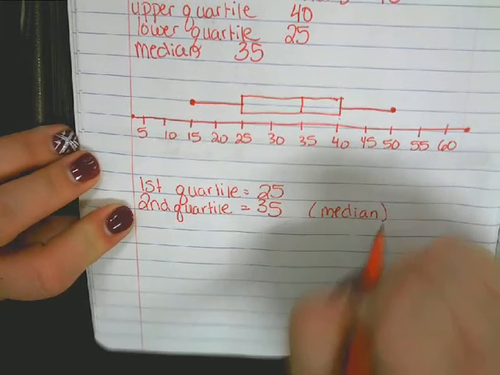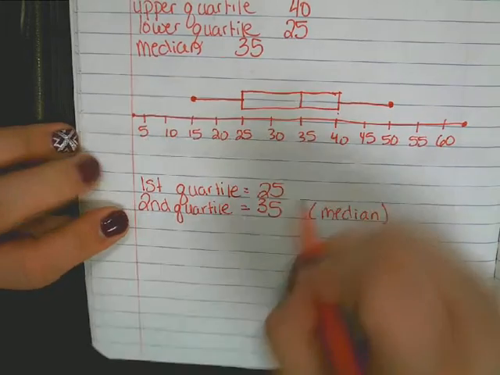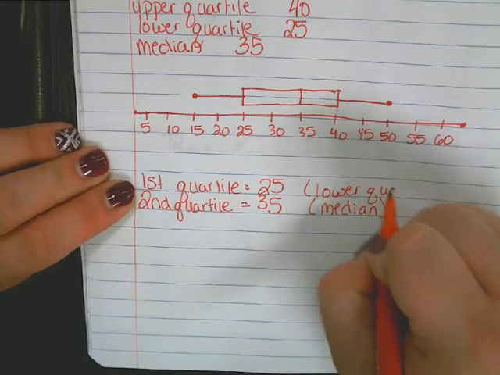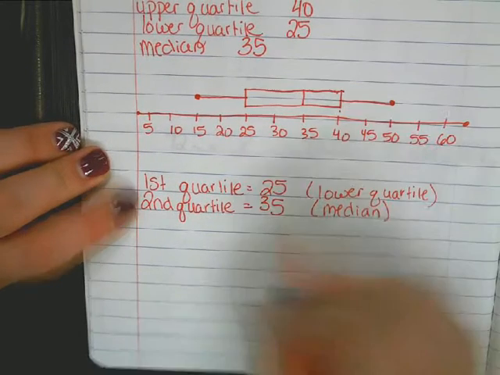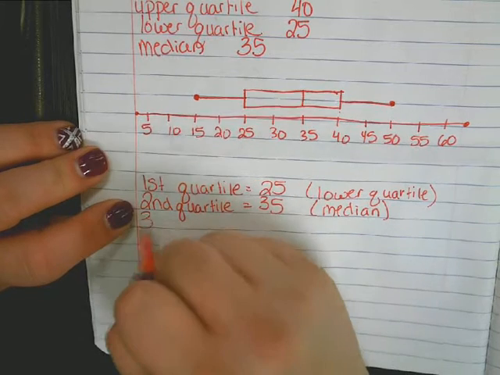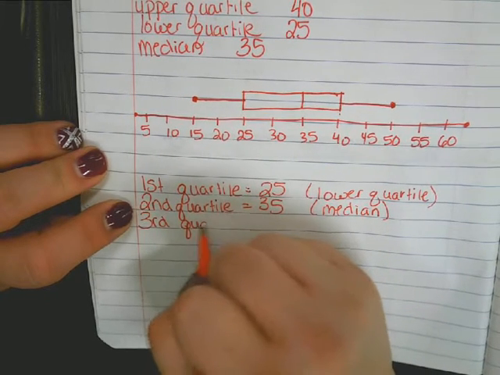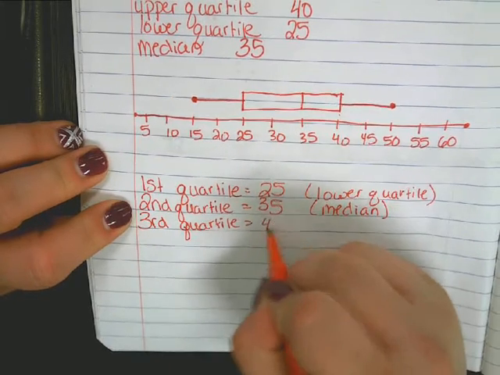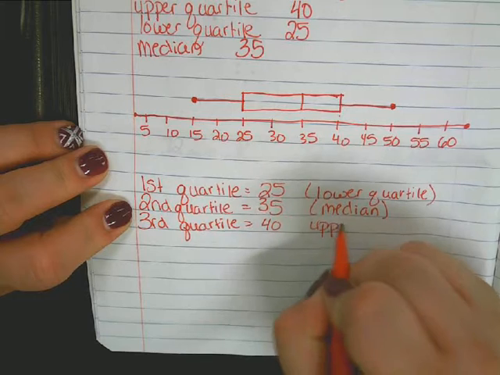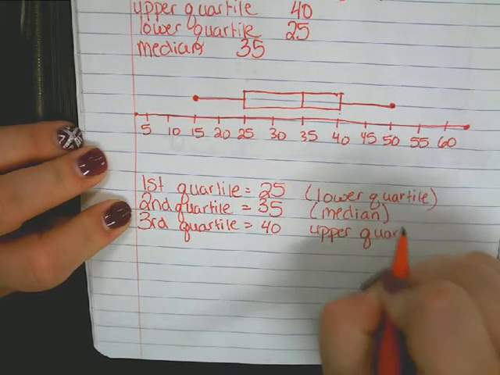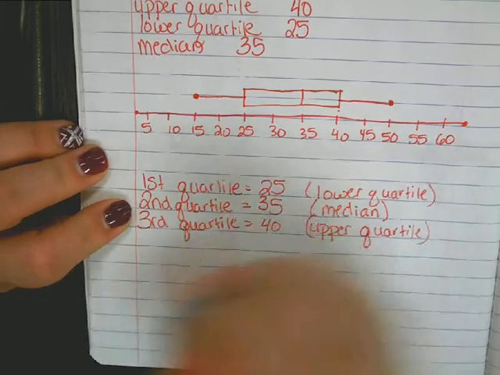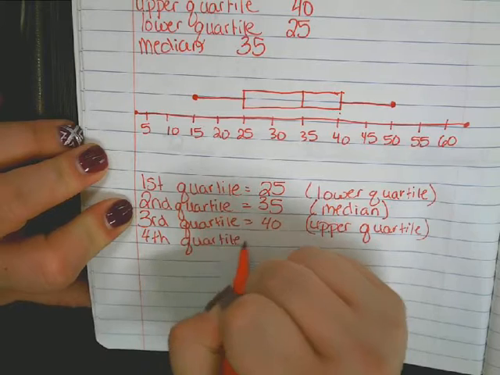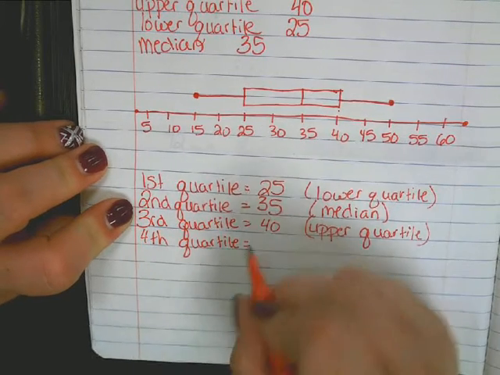Notice your first quartile was also your lower quartile, and your second quartile is your median. Your third quartile is where your box ends again, which is 40, your upper quartile. And your fourth quartile is where your dot ends, at 50, which is your maximum.